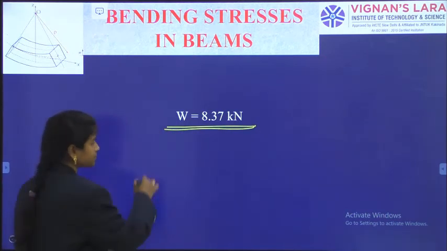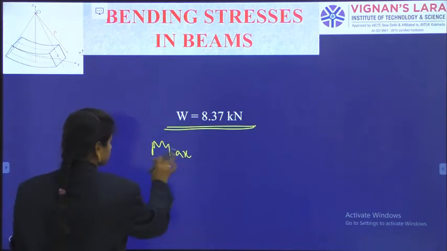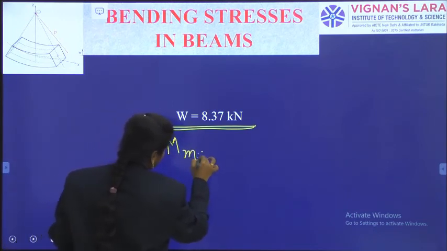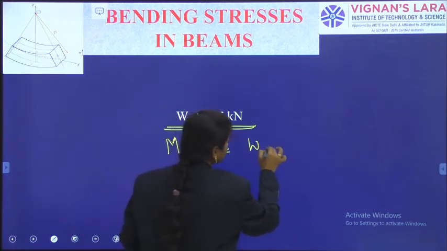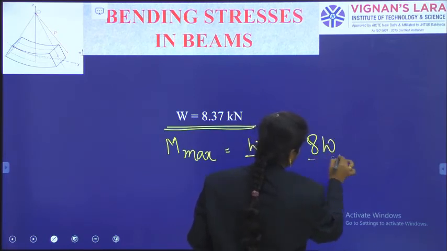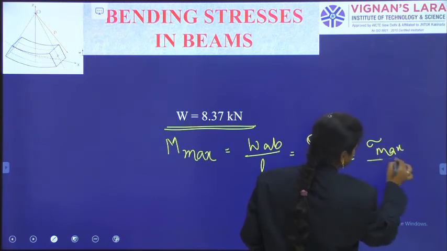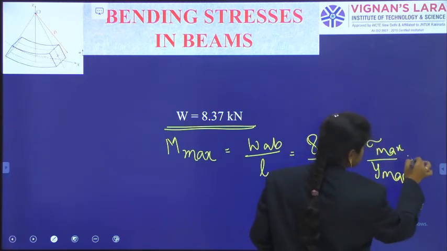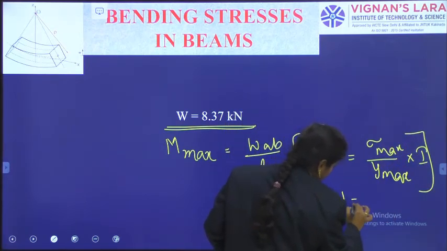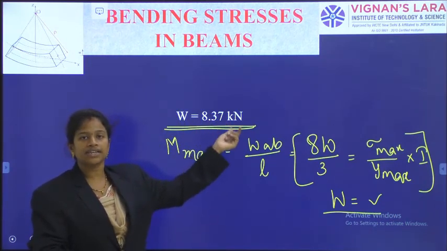Equating all those things, M max is equal to WAB by L, that is equal to 8W by 3, and we have already got sigma max by y max times I. Using these two answers I have evaluated W from this step. That value is equal to 8.37 kilonewtons.